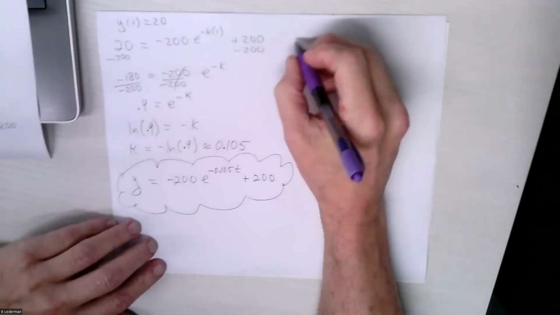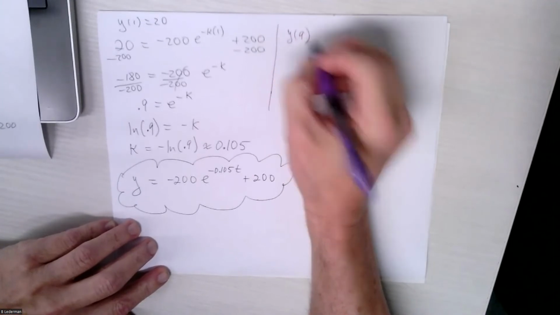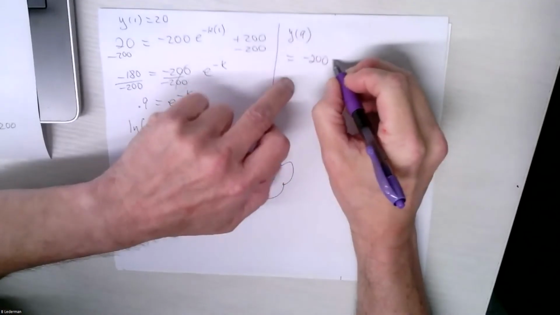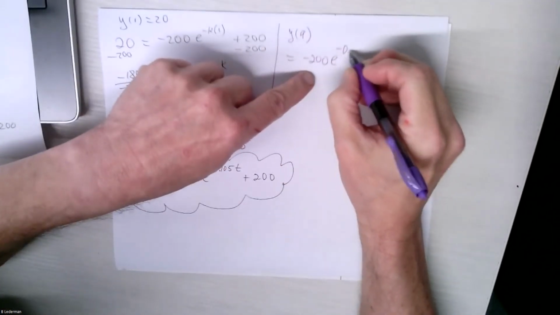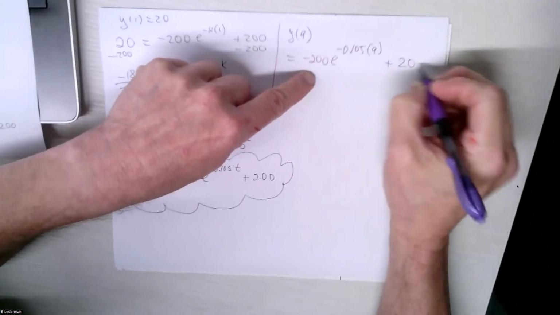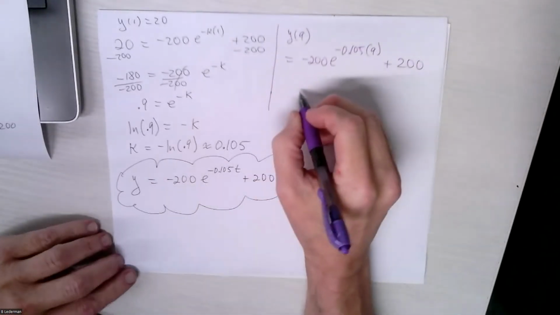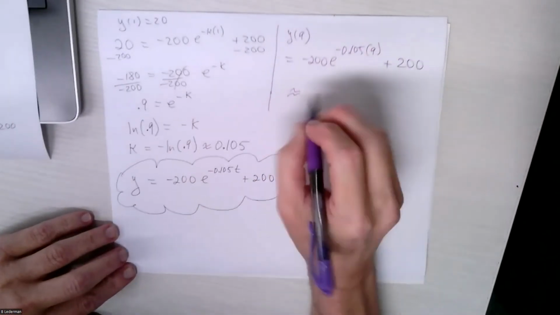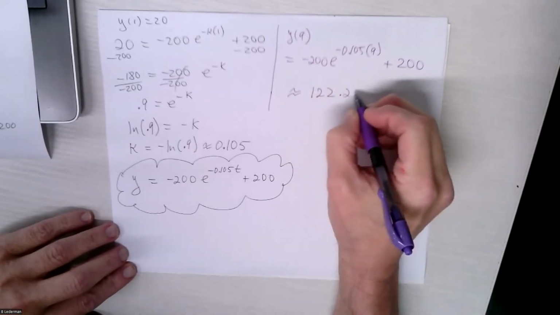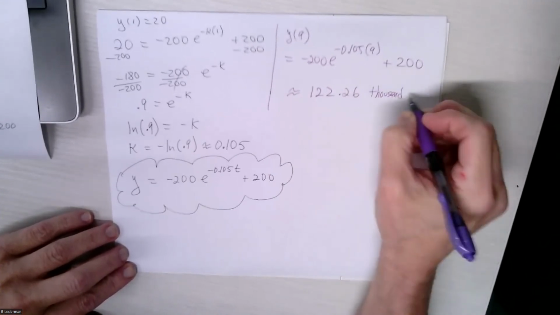So y of 9 is equal to negative 200 times e to the negative 0.105 times 9 plus 200. If I crunch this out with a calculator, this comes out to approximately 122.26 thousand phones.